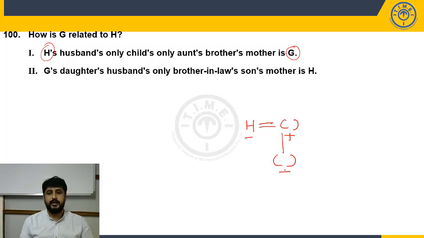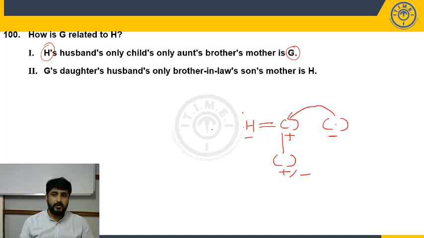It could be male or it could be female. Only aunt. When it is mentioned only aunt, it could be mother's sister, it could be father's sister. Okay, but it is mentioned only aunt's brother. So only aunt's brother can be this person, or H may be having another sibling, maybe that person.